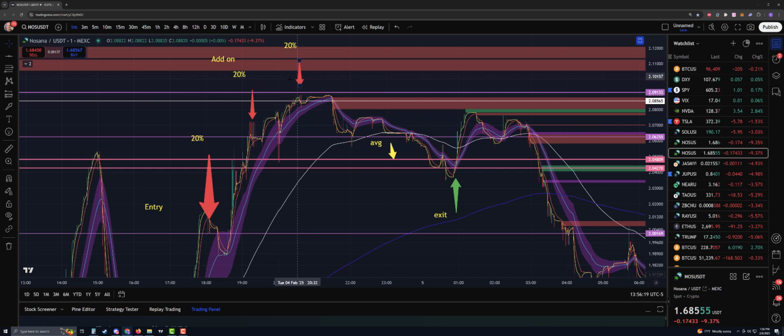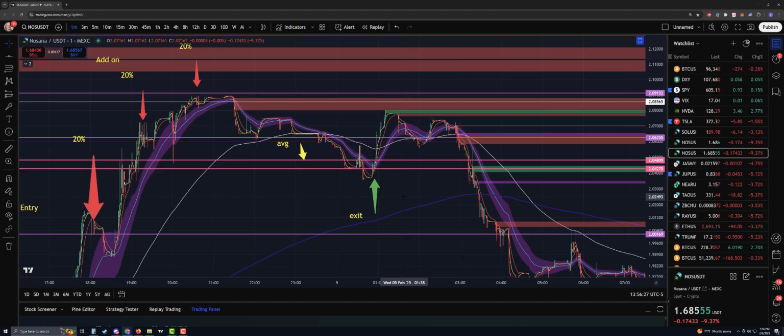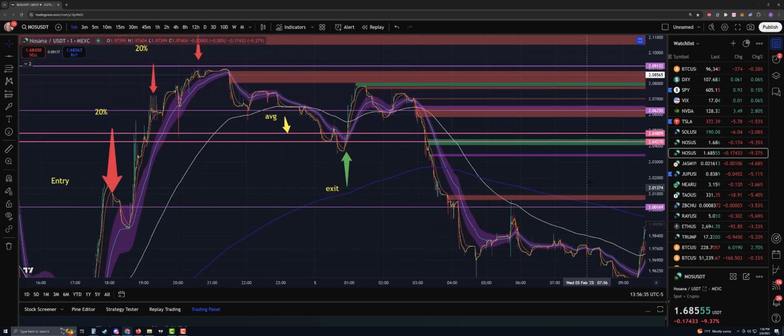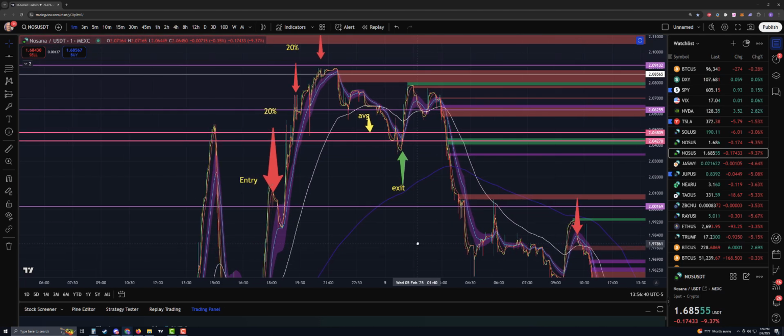This is just how you want to add on in order to work out your trade so that you can either break even or maybe make a small gain. But I'm telling you, I don't think you'd want to let this run. Now, if I had let it run, it would have been fine. Everything would have worked out great.